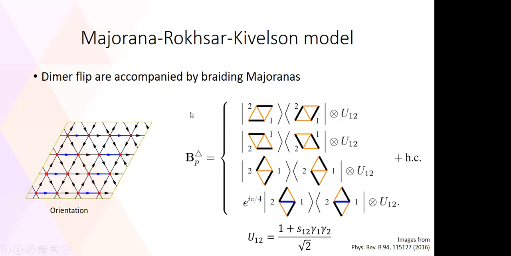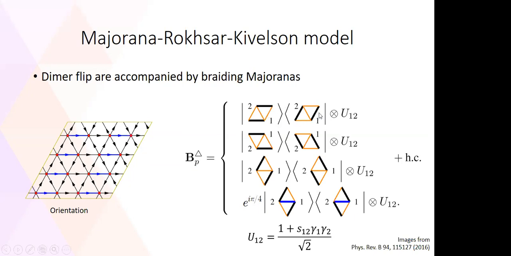I won't write it down. And for the kinetic term that flips the dimers, because we have the choice of phase, we can play with the phase relation of this. Here we have this I pi over 4. I'll soon explain how this is chosen.